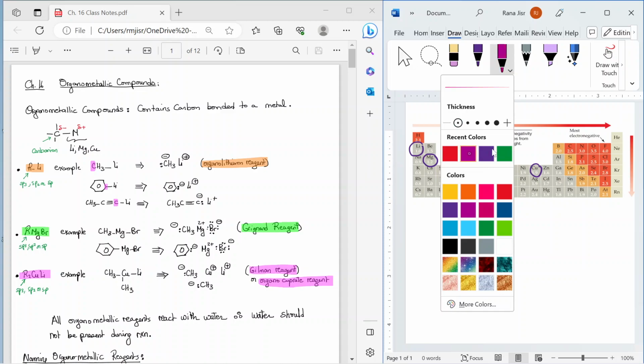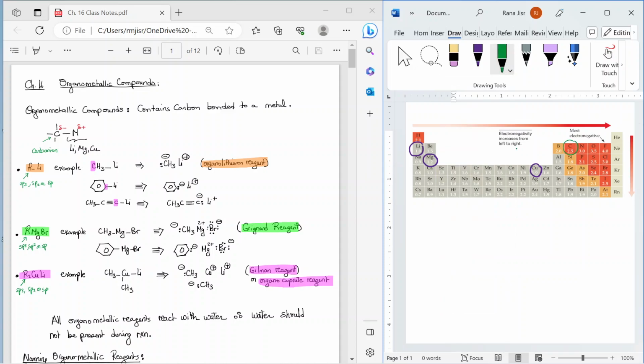So when determining the type of bond, you have to look at the electronegativity of the carbon versus the electronegativity of the metal that it is bonded to. Let's consider each one of these cases to determine the type of bond between the carbon and the metal: carbon lithium, carbon magnesium, and carbon copper.